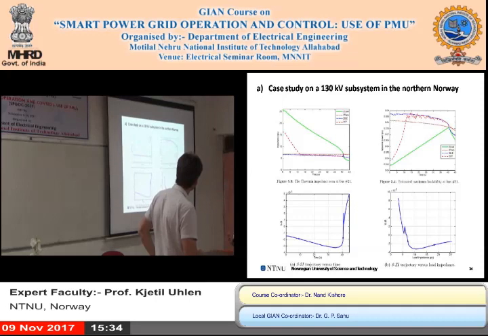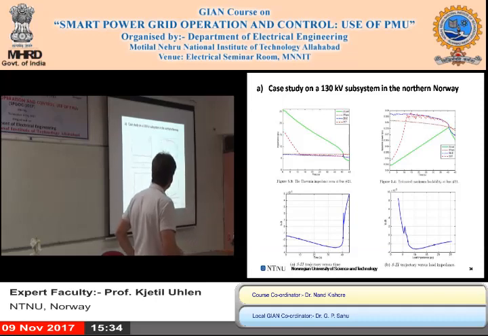So at the time of maximum power transfer, they are fairly correct. And here I just showed the S-set indicator, versus time, and versus impedance.